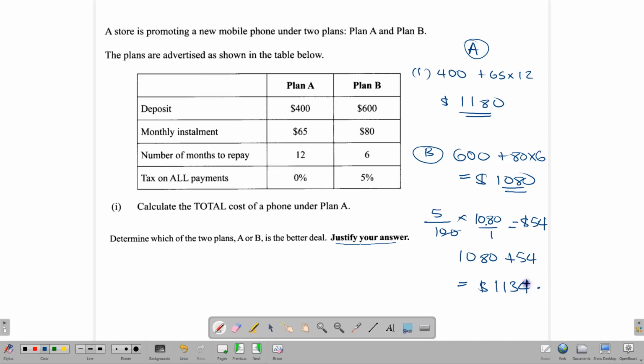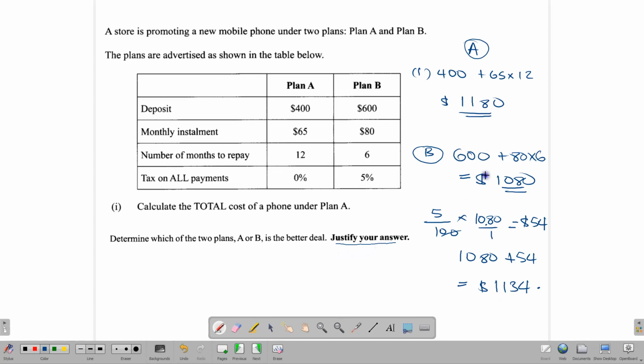So there are two options. Under the first option, Plan A, you pay in total $1,180. Under Plan B, you pay $1,134. So which of the two plans, A or B, is the better deal? The better deal here would be the deal that allows you to pay less for the phone.